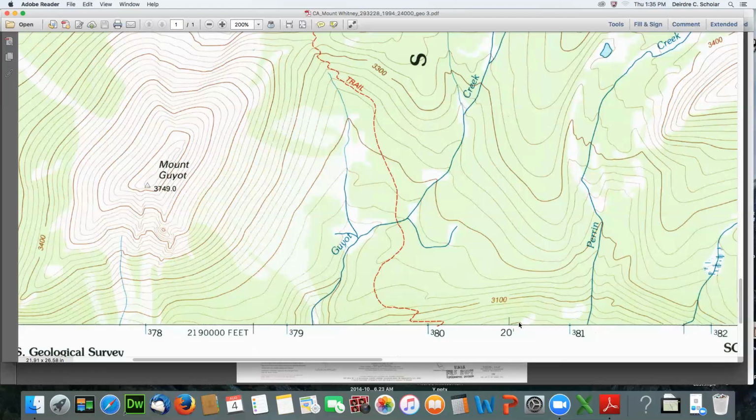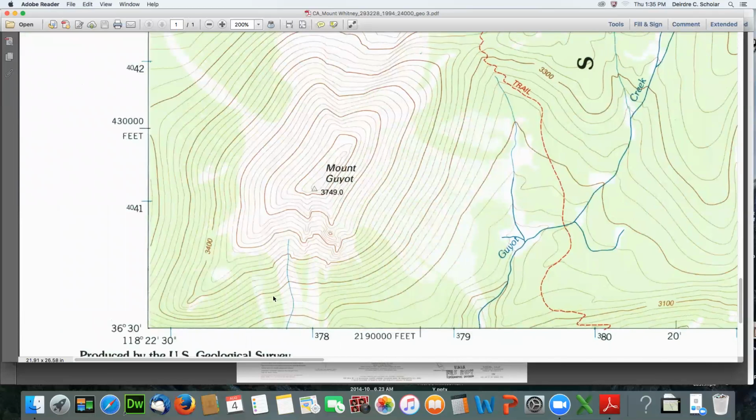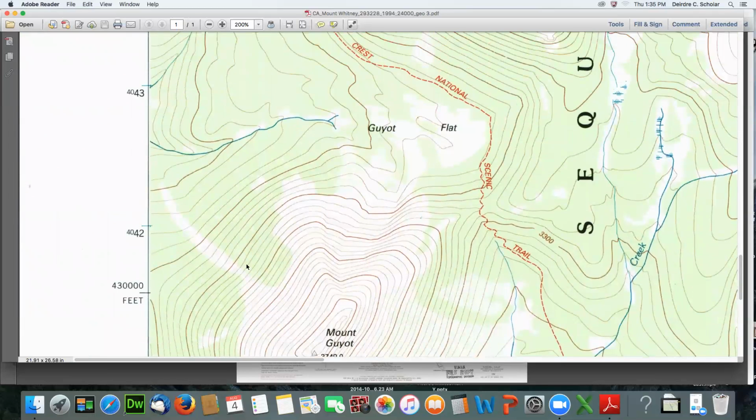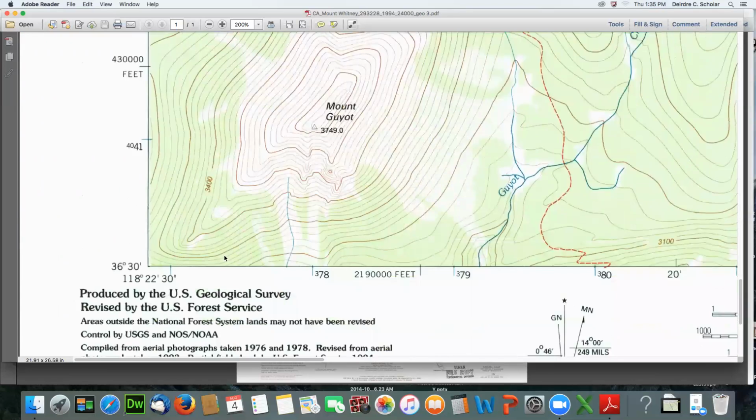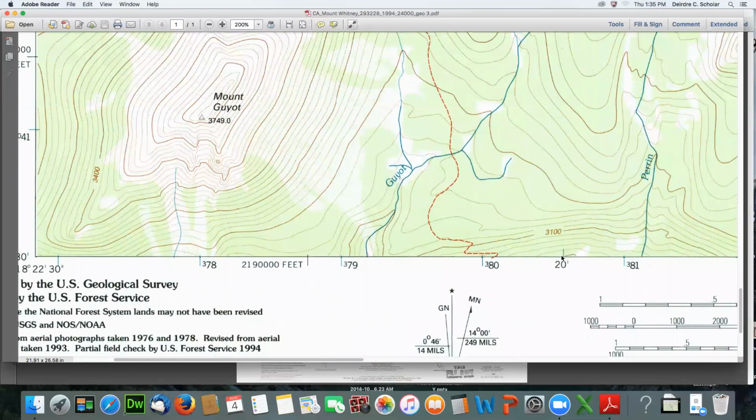And that is how I determined the lowest elevation. You are welcome to search more and see if you can find anything lower. This one over here comes pretty close, but it's not as low as 3,000. So the lowest elevation on the Mount Whitney quadrangle is right here, and it has an elevation of 3,000 meters.